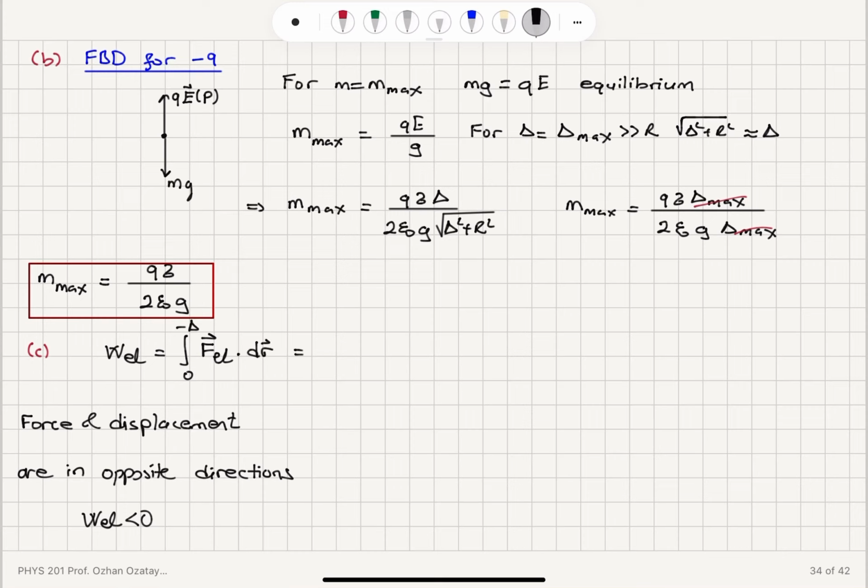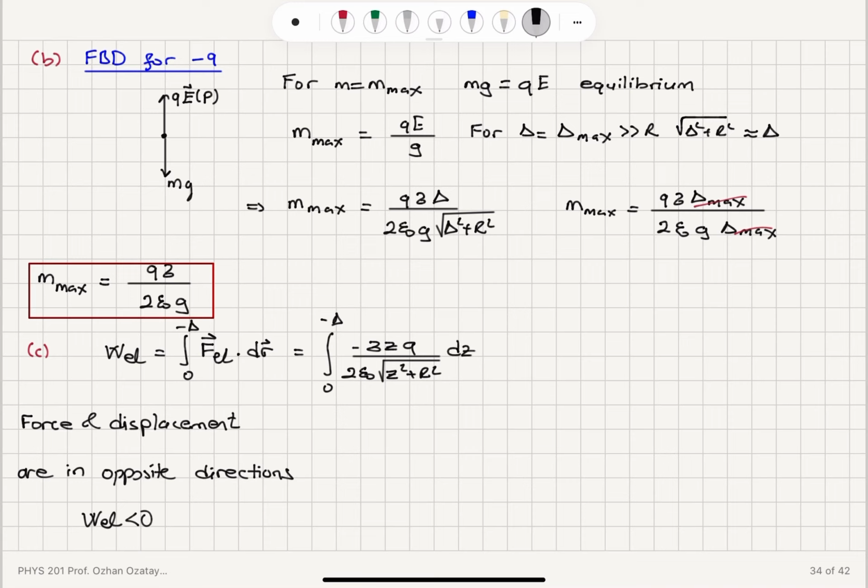For the electrical force, we substitute the electric field multiplied by the charge: sigma z q over 2 epsilon 0 square root of z squared plus r squared. This is our electrical force. And now this work has to be negative, so we have a minus sign here, dz.